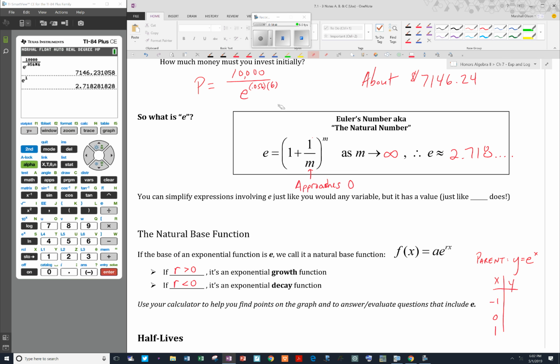It goes on forever. It's an irrational number. And this little thing here says you can simplify expressions involving e just like you would any variable, but it does have a value just like pi does. So that's what e is, about 2.718, just like pi is about 3.14.